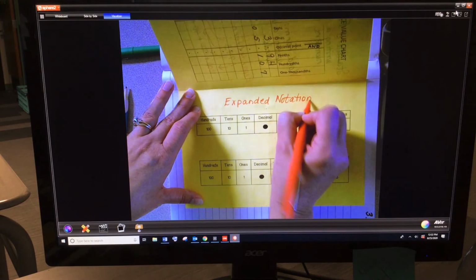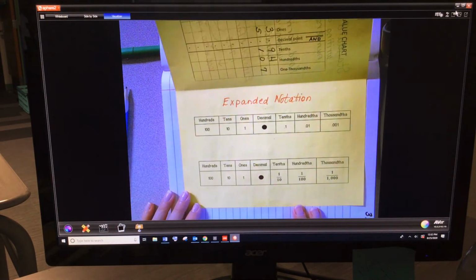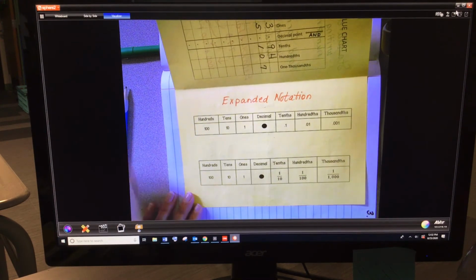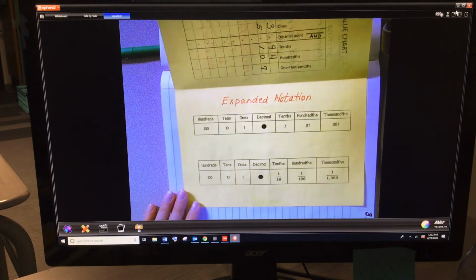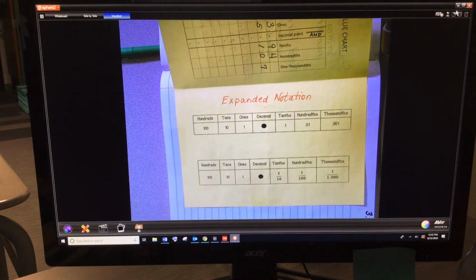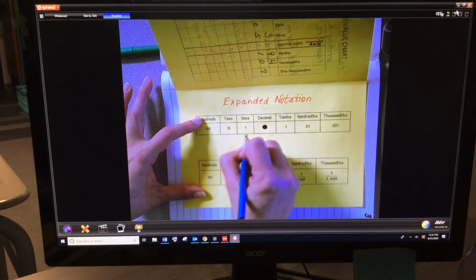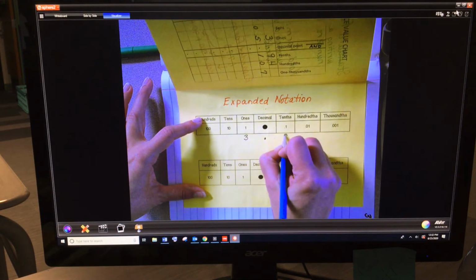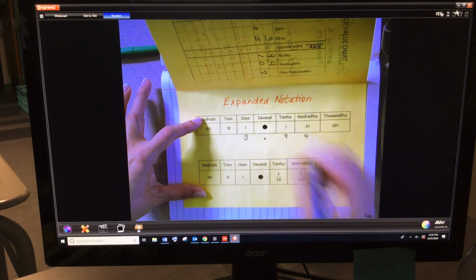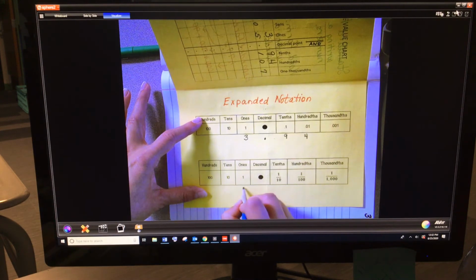This is going to be helpful in writing expanded notation. Now I'm going to get my pencil so that I can erase. Okay? So we had 3.94. We're going to write it on both of these. 3.94 and 3 for the ones, 0.9.